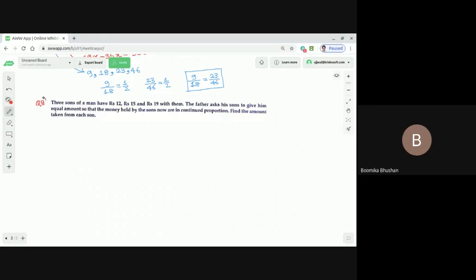Okay, what is the question? Three sons of a man have rupees 12, rupees 15, and rupees 19 with them. The father asks his sons to give him an equal amount so that the money held by the sons now is in continued proportion. Find the amount taken from each son.